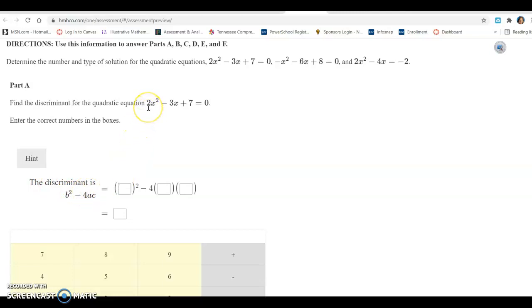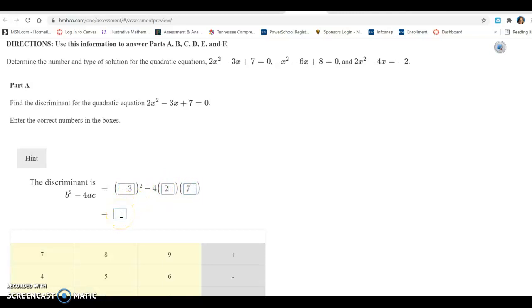If you look up here, we know that 2 is our A, -3 is B, and 7 is C. So for b squared, we need to substitute a -3 in here. And then our A is a 2, and C is 7.